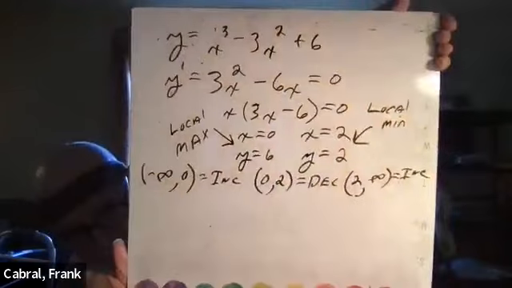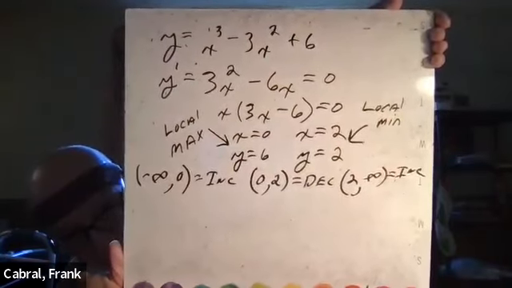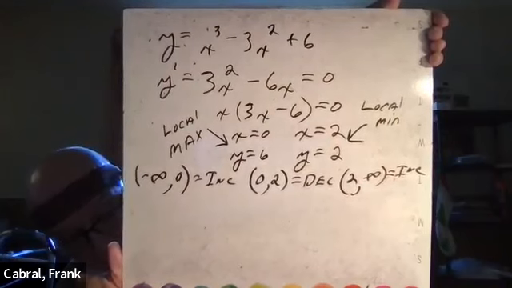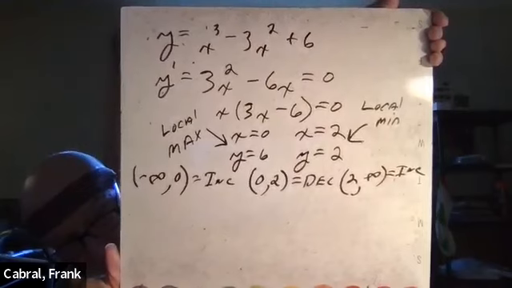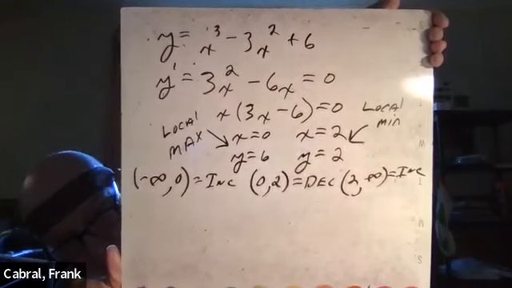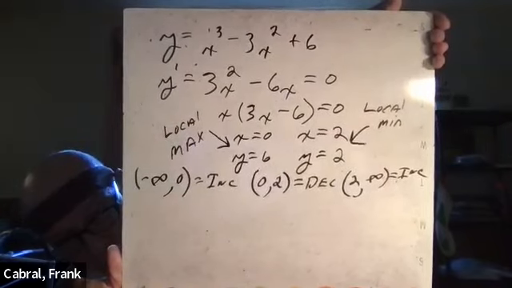Now, by definition, even though we already know this by looking at the shape of this, if we have a function that is going from increasing to decreasing, that means that point must be a maximum. And if we have a function that's going from decreasing to increasing, we know that that point must be a minimum. So this just confirms what we already know.